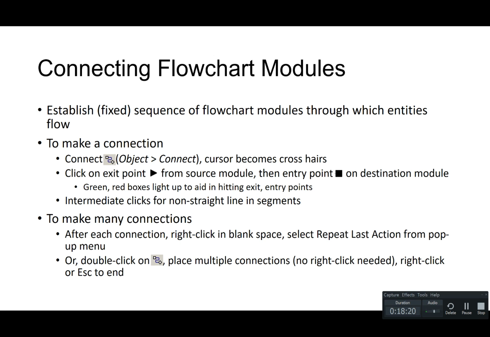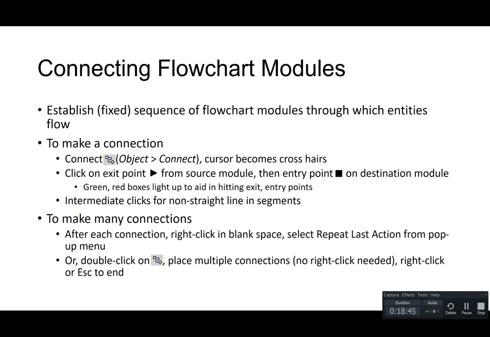Connecting the flowchart modules establishes a fixed sequence of flowchart modules through which entities flow. To make a connection, use the Connect button or the Object Connect in the pull-down menu, and the cursor becomes crosshairs. You then click on an exit point from one source module and then drag it over to an entry point on the destination module. You can use intermediate clicks for non-straight lines and segments if necessary.